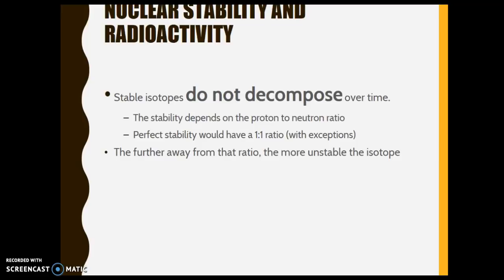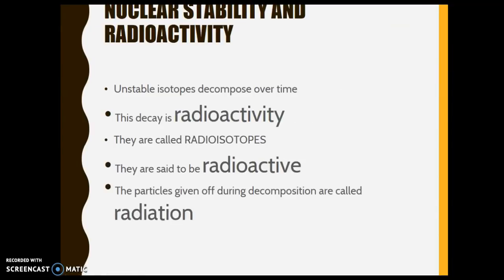It's going to stay that isotope forever. However, the further away that ratio gets from 1:1, the more unstable that isotope is, and the more it's going to want to decay. When I say decay, I mean it's going to go through that nuclear reaction and become something different. It's going to become that new element.